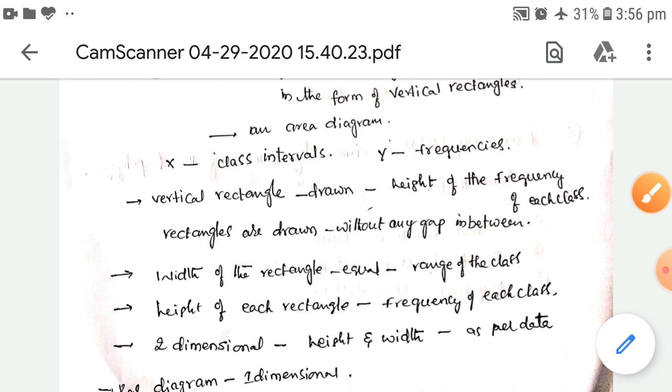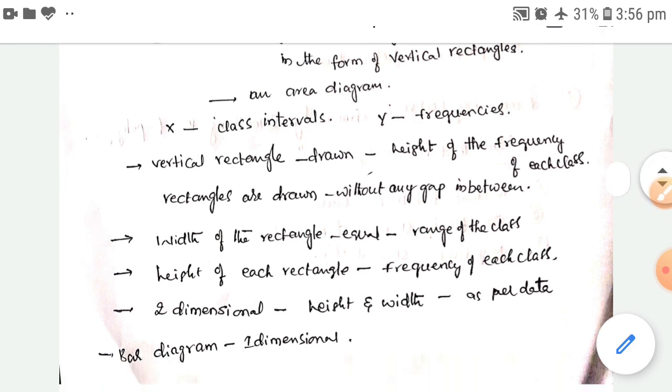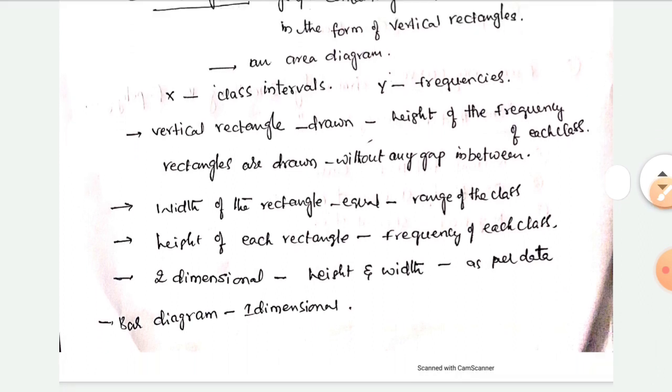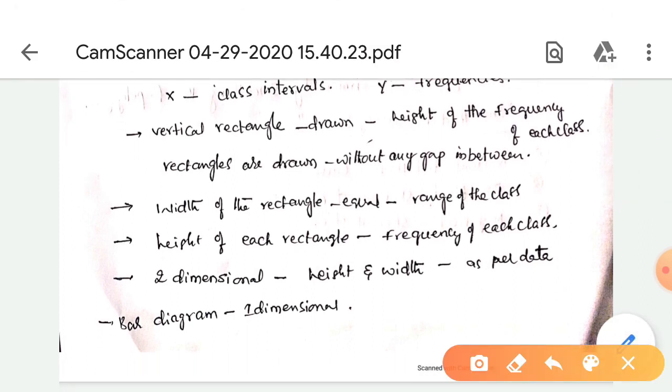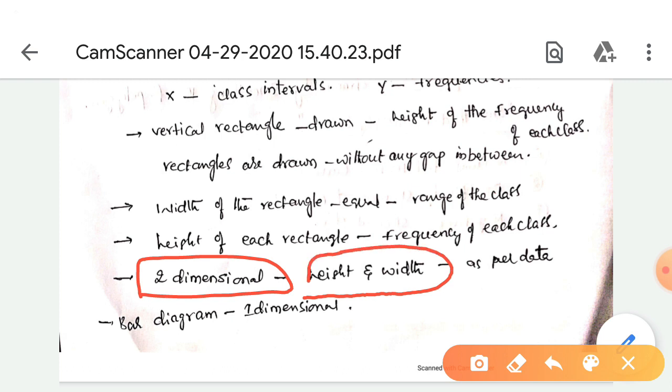So here it is a two-dimensional diagram. The histogram is a two-dimensional diagram. What are the two factors? One is the height and the other is the width. Height and width of each rectangle are as per data.